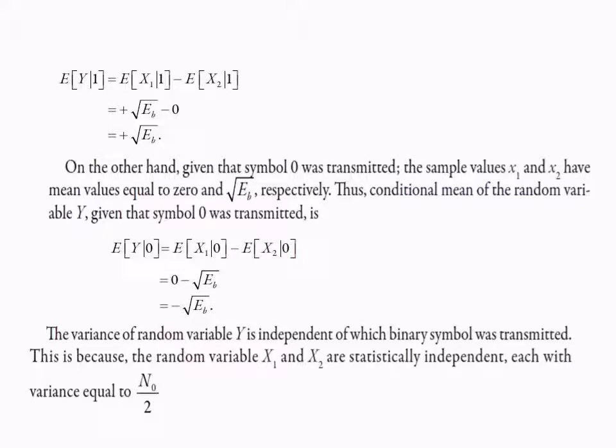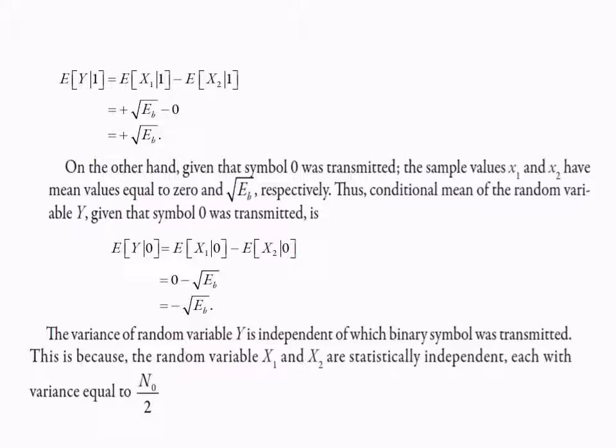First we are going to calculate for symbol 1, that is the expectation of Y given 1, the expectation of Y given that symbol 1 was transmitted. That will be equal to the expectation of x1 given 1 minus the expectation of x2 given 1.